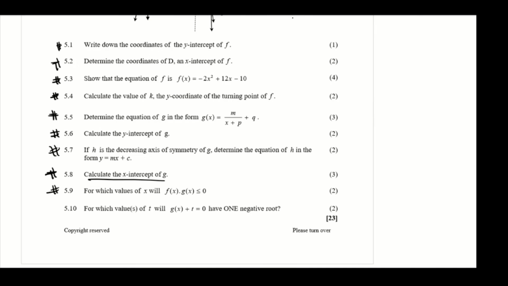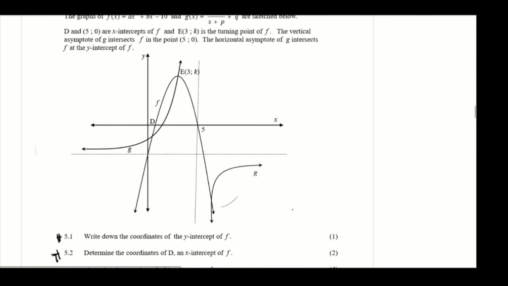5.9, we are asked for which values of x the function f multiplied by the function g will give you a solution of y which is less than 0. Less than 0 means the y solutions should be negative, right? Cool. So let's go to our graph and see this problem.